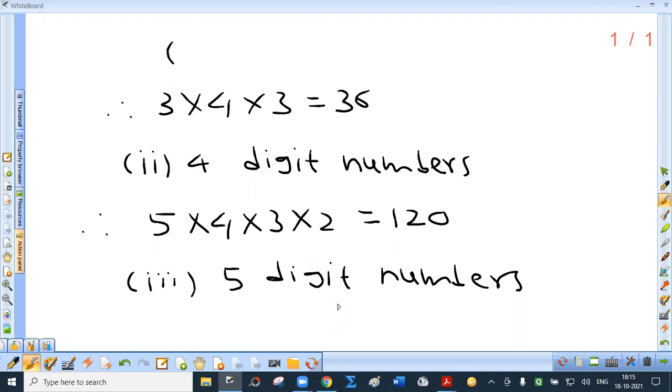Here, 10,000s place can be filled in 5, comma, thousands place in 4, comma, hundreds place in 3, comma, tens place in 2, and units place in 1 way, because only 1 digit is left.